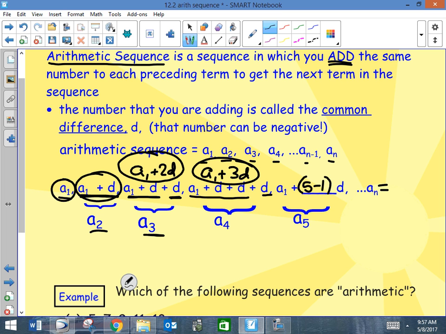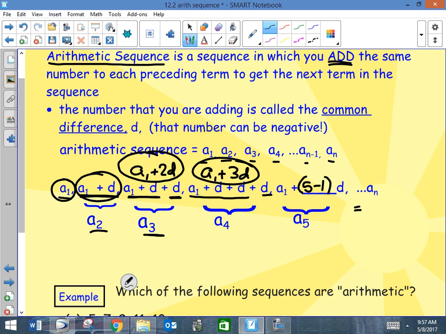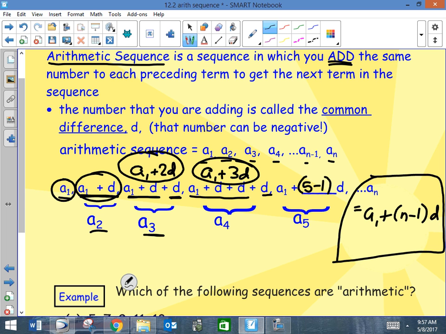So AN is, in terms of a formula, A1 plus N minus 1 times D. I'm going to write that smaller so I can write it in one spot here. AN equals A1 plus N minus 1 times D. Okay? This is the formula for AN.